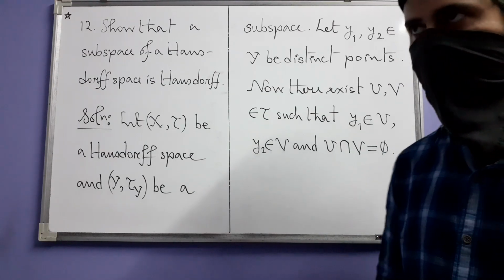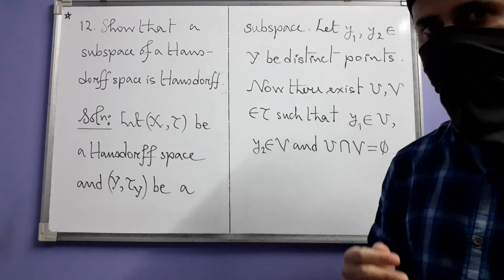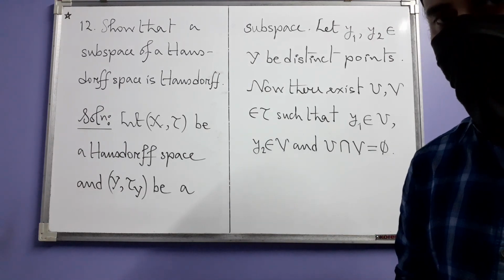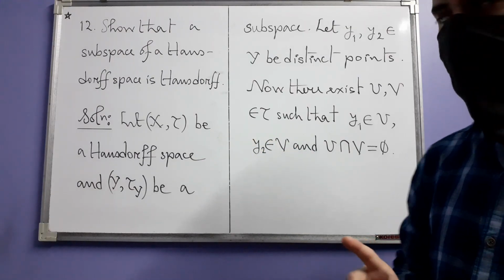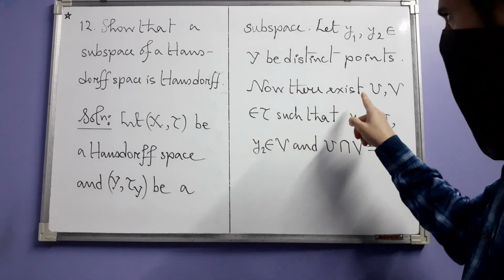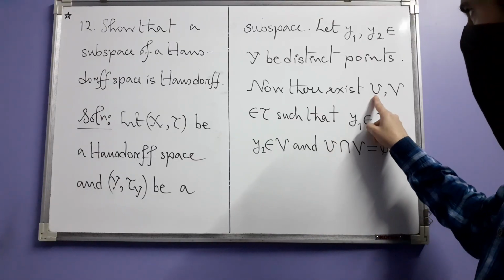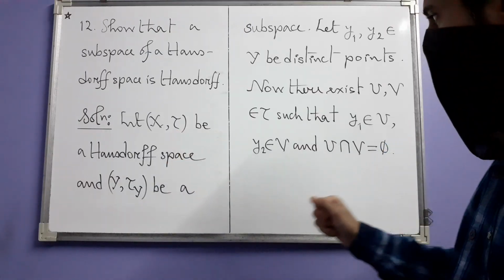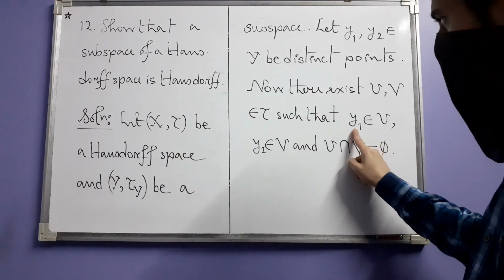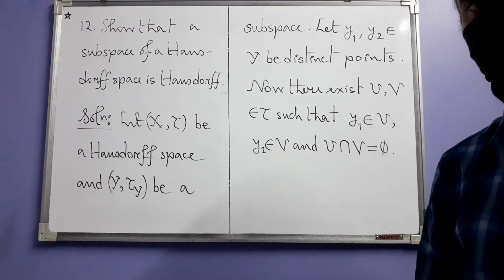Now y1 and y2 being points in Y are after all in X also, because Y is after all a subset of X being a subspace, and X is Hausdorff. So in X we can separate these two points using disjoint neighborhoods. That means two open sets U and V will be found in the topology τ such that U is the neighborhood of y1, V is the neighborhood of y2, and they are disjoint.